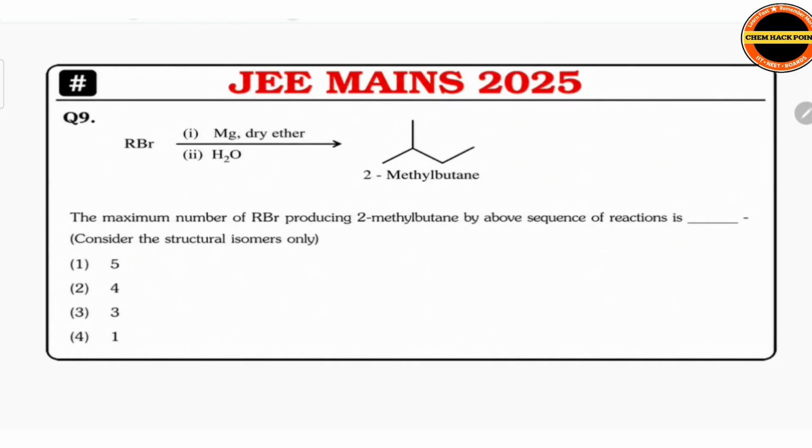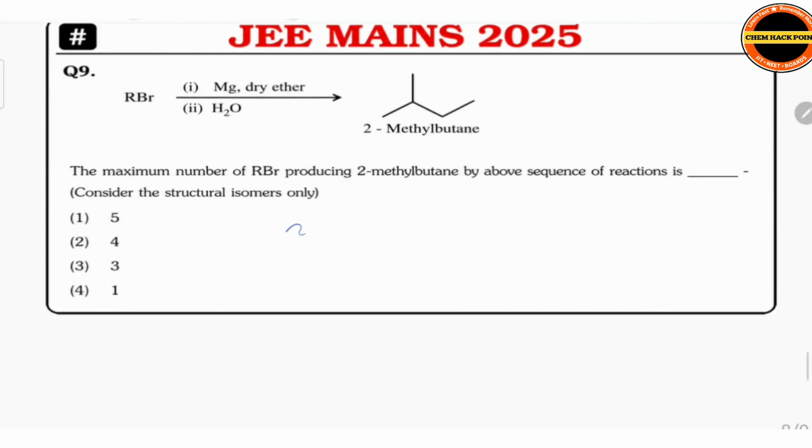So how will we get it here? We know the magnesium and ether reaction. It combines with magnesium and ether, then H2O. So the Grignard reagent is RBr. Whenever magnesium and ether are added to, for example, RBr, you will get RMgBr, the Grignard reagent.